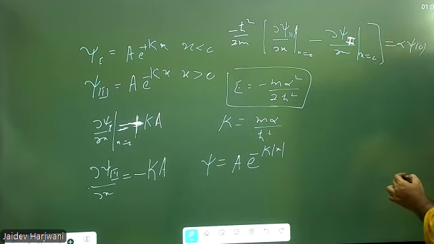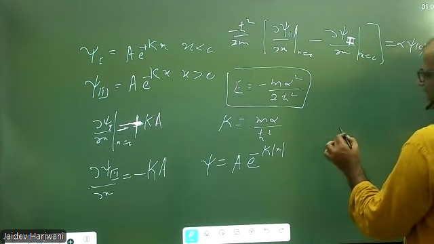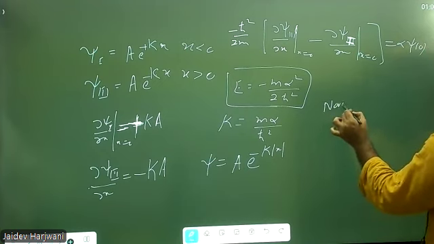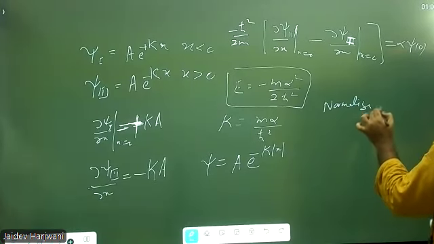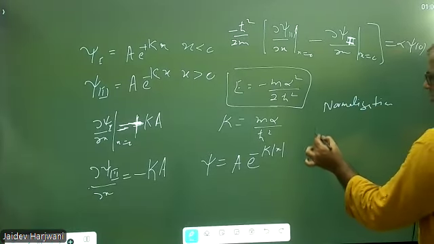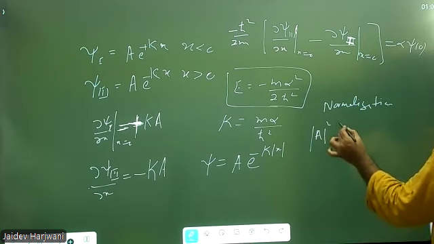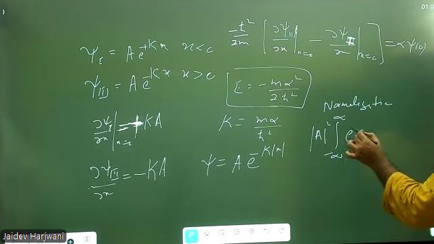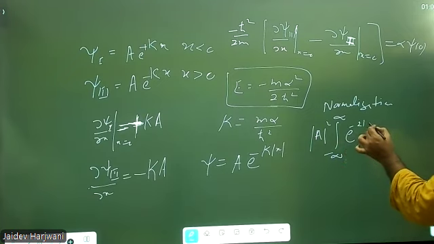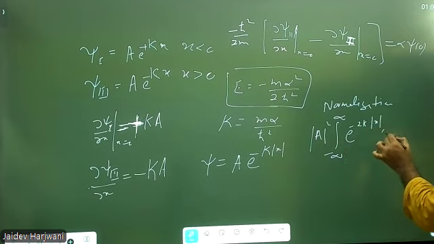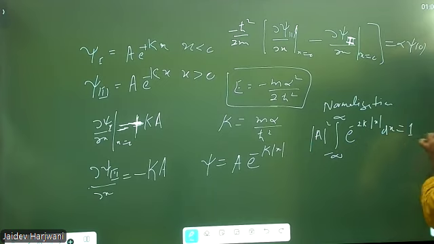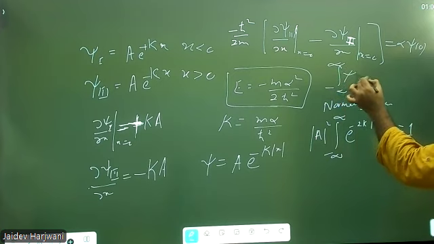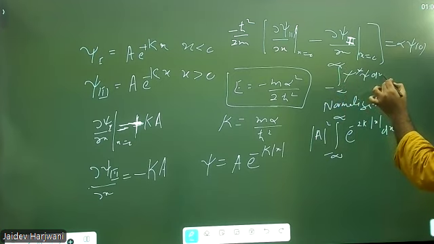So if I normalize this function from minus infinite to infinite, normalization will give me mod of A square integral from minus infinite to infinite e power minus 2 kappa mod x dx equal to 1, since psi star psi dx is 1.